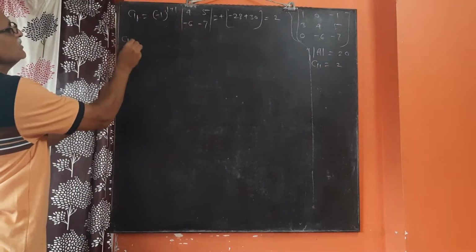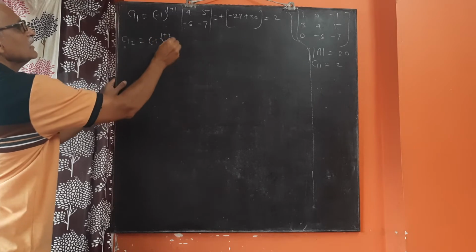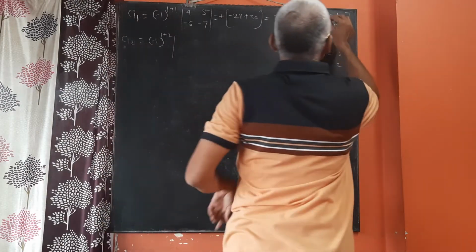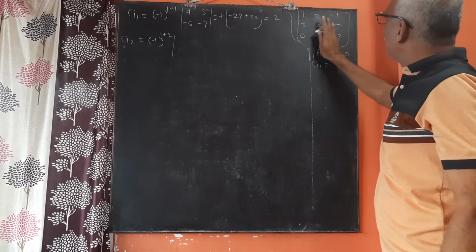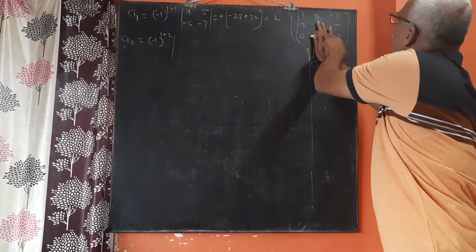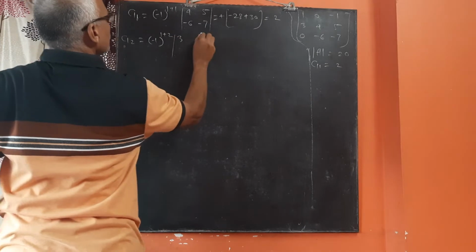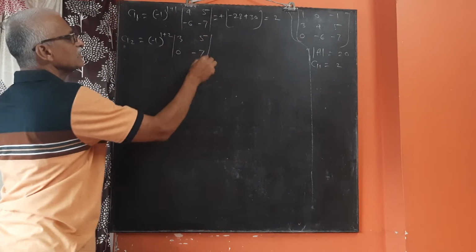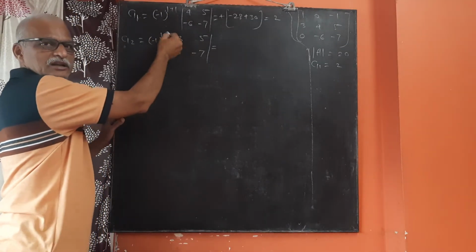Then C12 equals minus 1 raised to 1 plus 2 into the determinant of C12, meaning this position. In this position, the first row and this column are removed, and what remains is 3, 5, 0, minus 7. Minus 1 raised to 1 plus 2, that means 3.